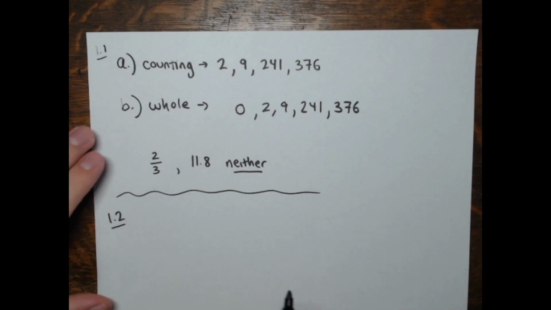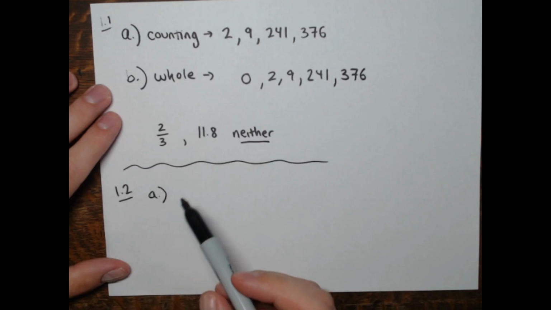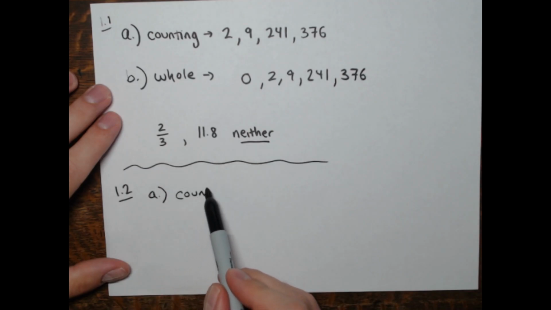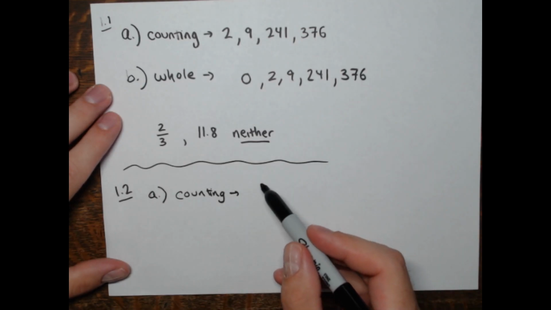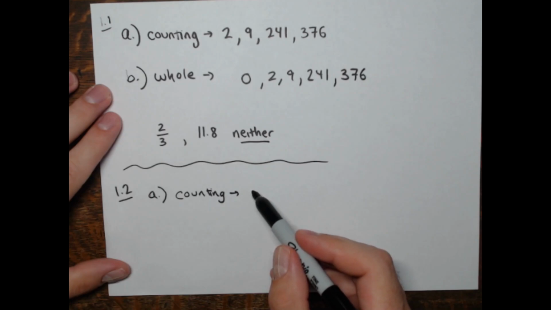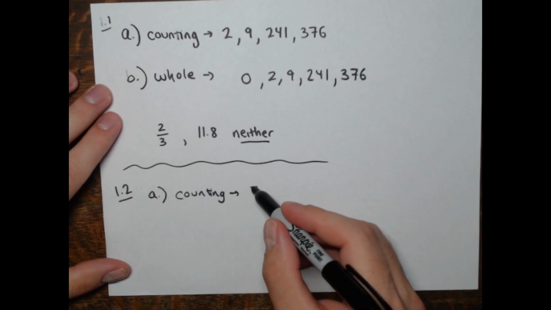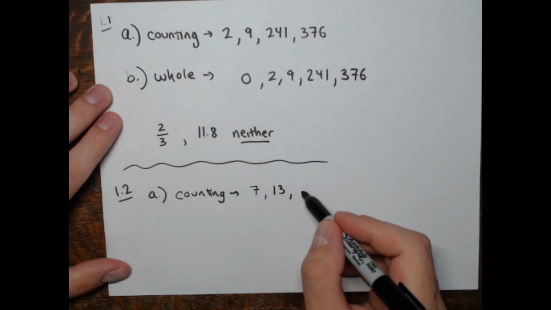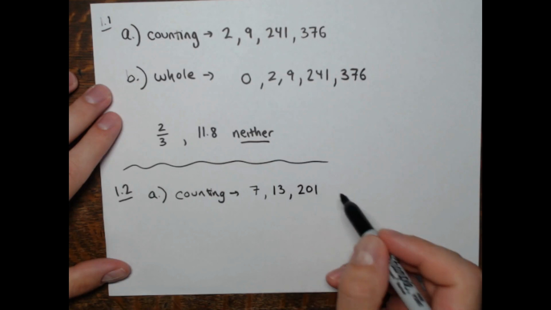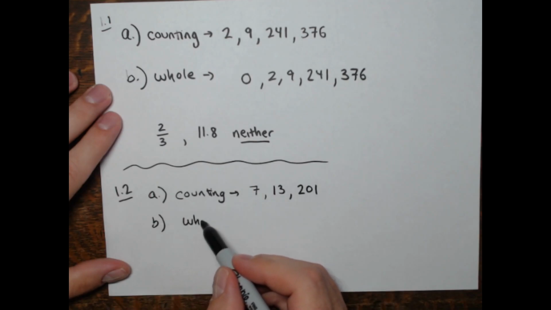And I'll write this out and we'll check it. So again, this is Try It 1.2. Part A was, what are the counting numbers? So 0 was not, 5/3 was not, 7 is, 8.8 is not, 13 is, and then 201 is. And then Part B, the whole numbers.